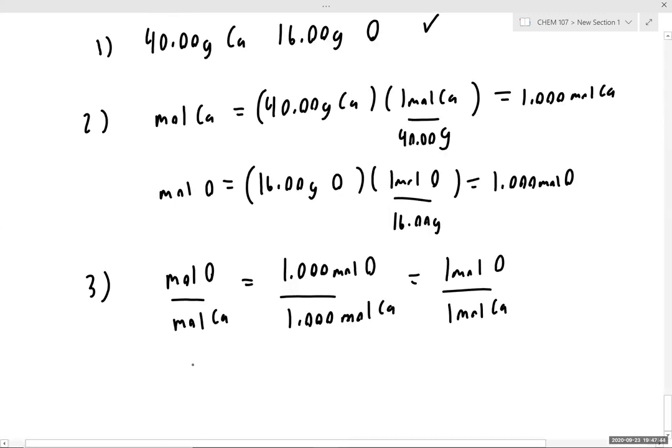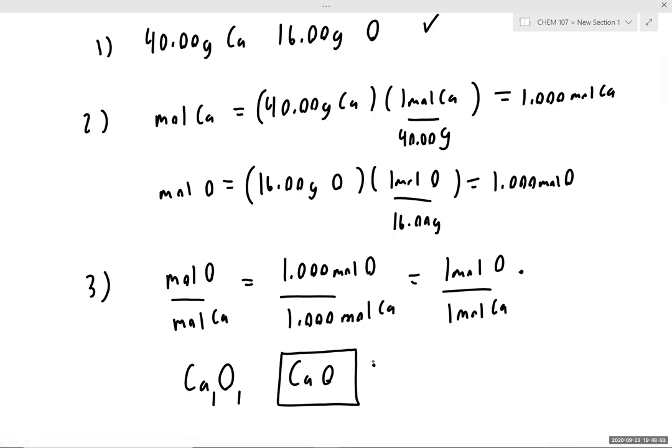In other words, our formula would be calcium 1, oxygen 1, or calcium oxide. Does everyone see how the ratio is directly tied to our formula? Does that step make sense to everyone?